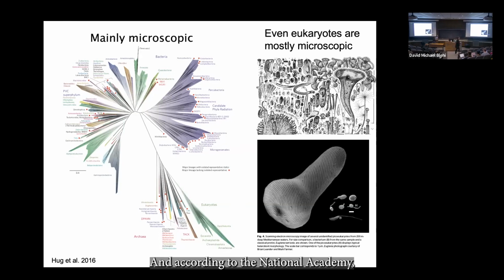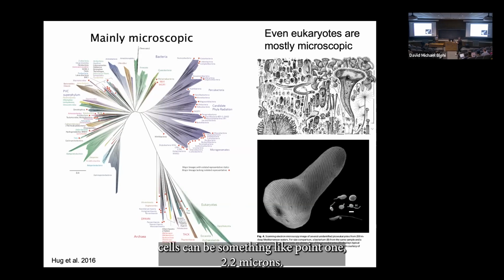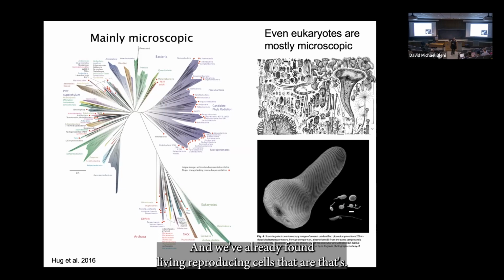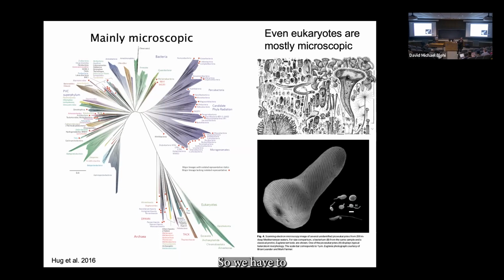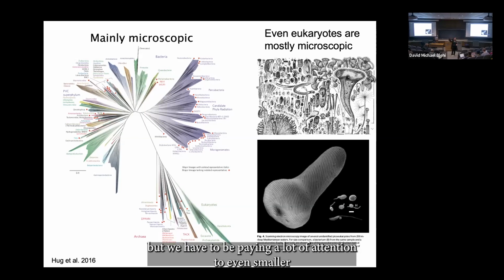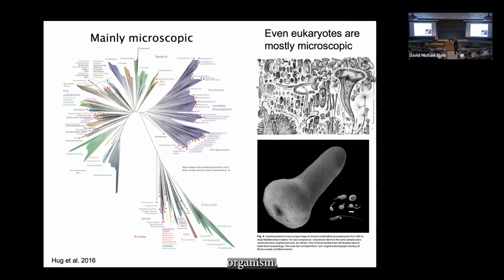According to the National Academy, cells can be something like 0.1 to 0.2 microns, that's 100 to 200 nanometers in diameter. That's the minimum size, and we've already found living, reproducing cells that are that size. We've been focused on this 1 to 10 micron size range, but we have to be paying a lot of attention to even smaller organisms.